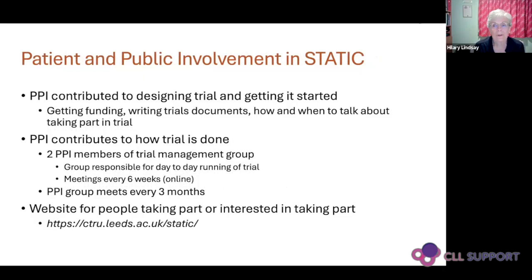So what have we actually been involved with in the STATIC trial? Well, PPI was involved, so Lilia and I were both involved in when the trial was being designed and getting it started, involved in discussions around funding, about writing documents, how I'm going to talk about taking part in the trial.